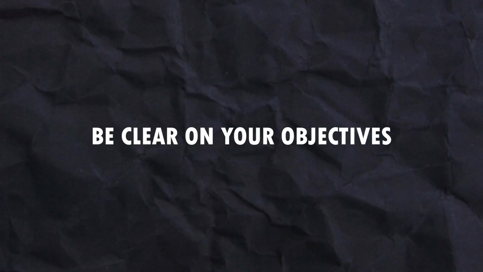The first step of setting up a trust is to be clear on your objectives. Before setting up your inter vivos trust, it is imperative that you fully understand the role it will play in your overall estate plan. Trusts can serve several purposes, which in turn will have a bearing on how they are structured, what assets are housed in the trust, and the type of trust you choose.